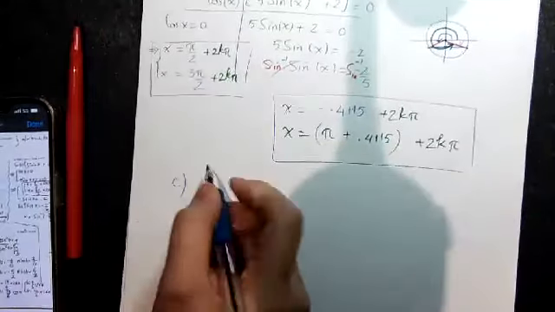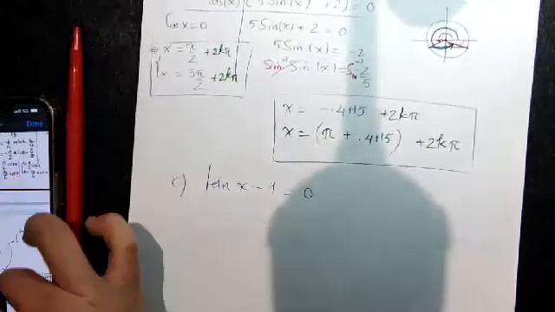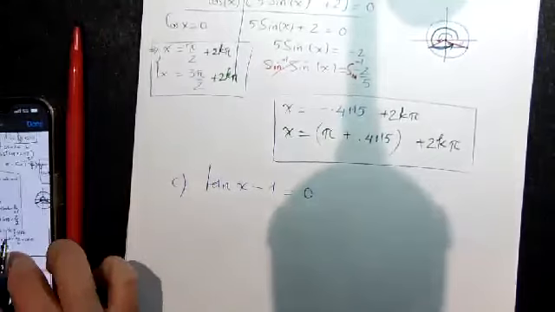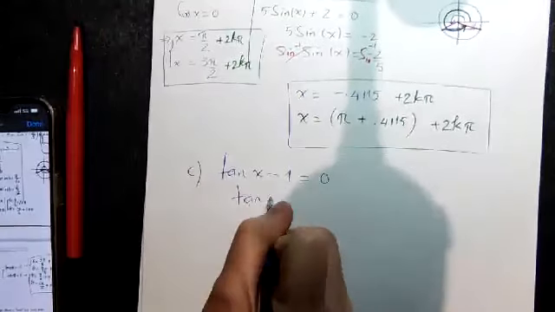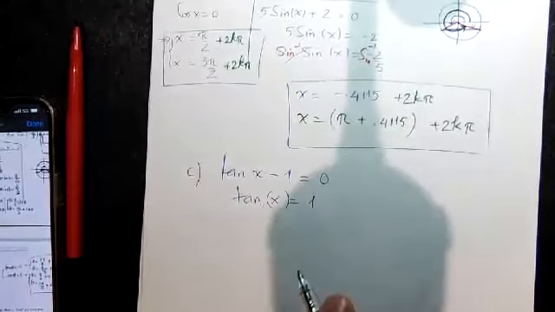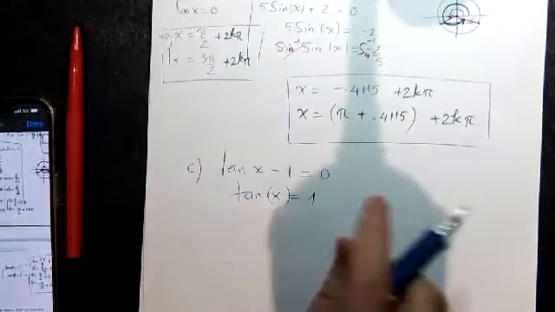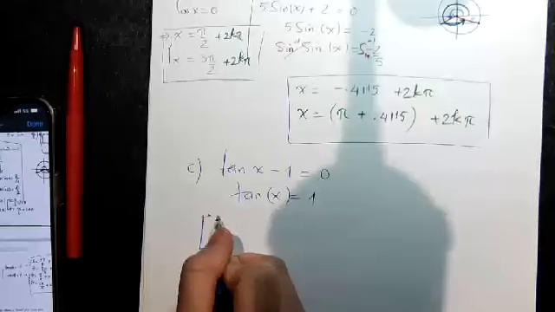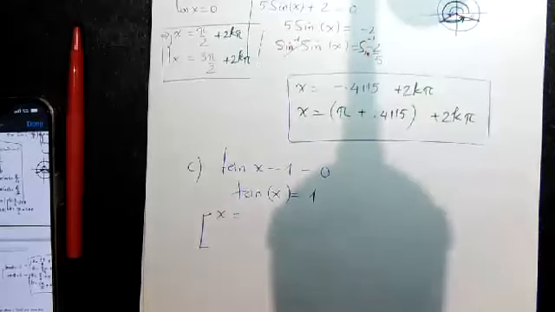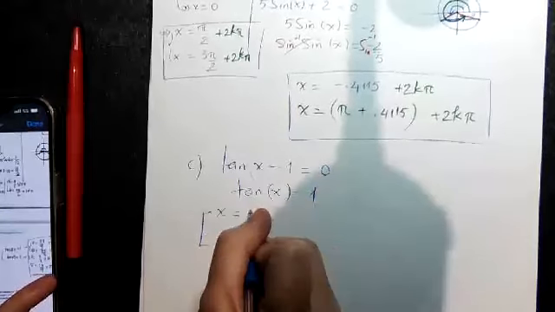C, I got tangent x minus 1 equals 0. We're almost there, two more problems with more algebra. Add one. But I want you to tell me, at least from 0 to 2 pi, what angle of x has tangent 1? Tangent is 1. What angle of x has tangent 1?